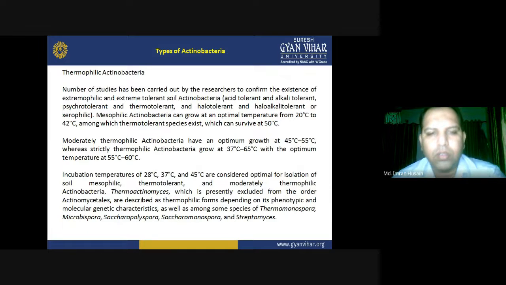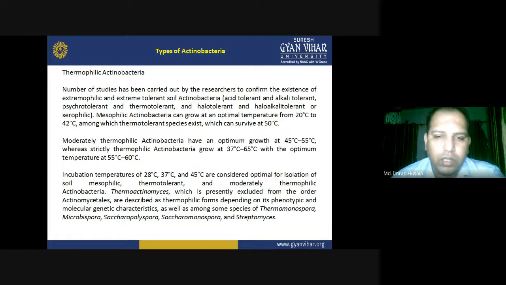Incubation temperatures of 28 degrees centigrade, 37 degrees centigrade, and 45 degrees centigrade are considered optimal for isolation of soil mesophilic, thermotolerant, and moderately thermophilic actinobacteria.